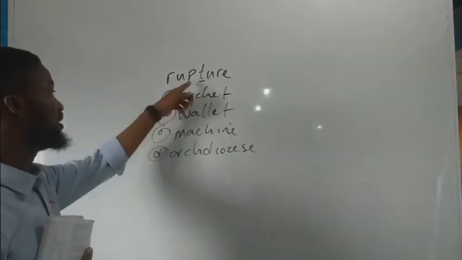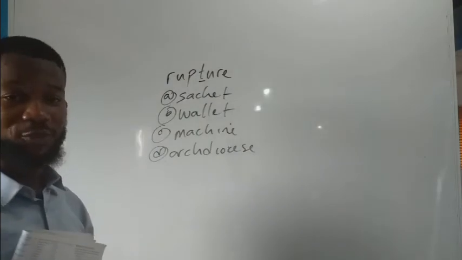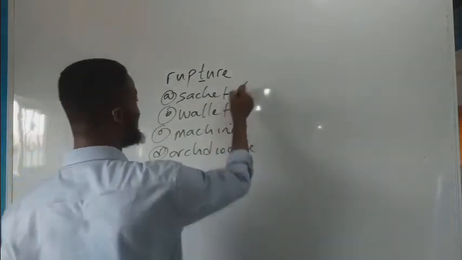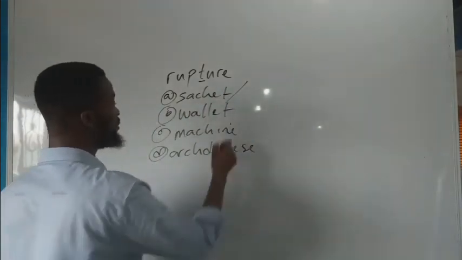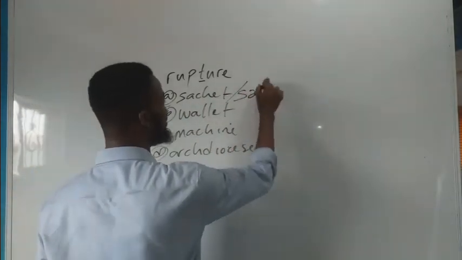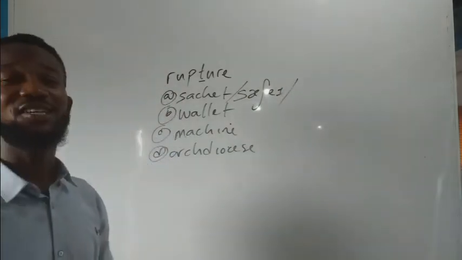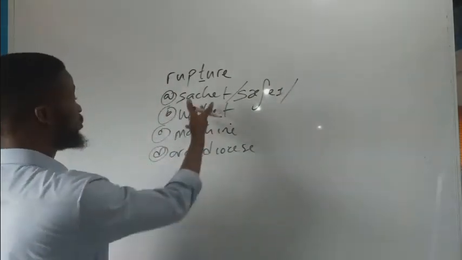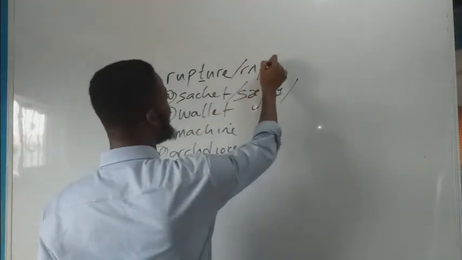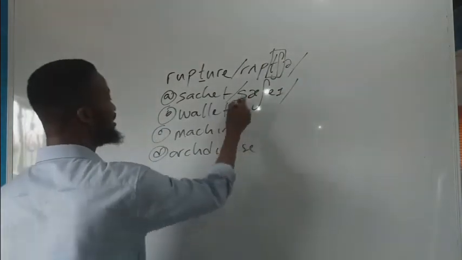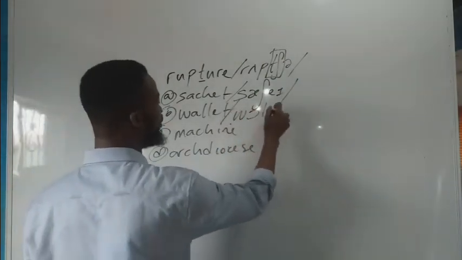We're looking for T. This word is pronounced as rupture. So we're looking for ch. This one is a French word, and as a result it's pronounced as sachet. Alright, so what we're looking for is actually rupture. We're looking for this sound. It's not here. This word is pronounced wallet.